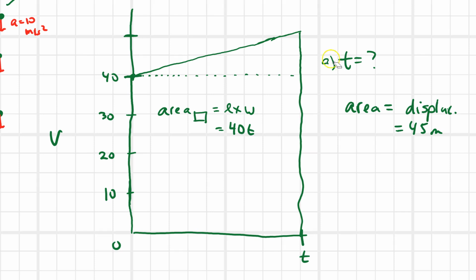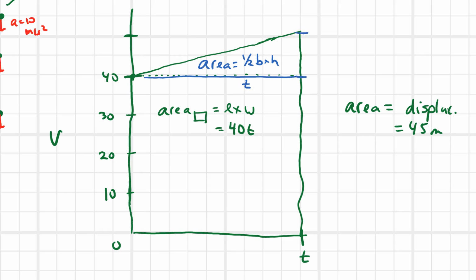Now the area of the other part here, it's a triangle, so it's going to be equal to 1/2 times the base times the height. Now again, the base in this triangle will be t, and what will the height be?